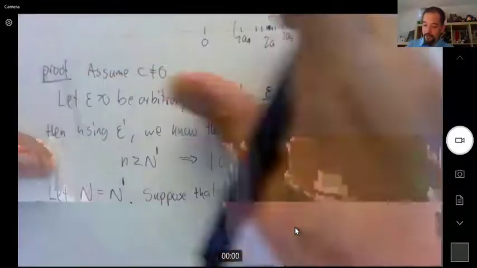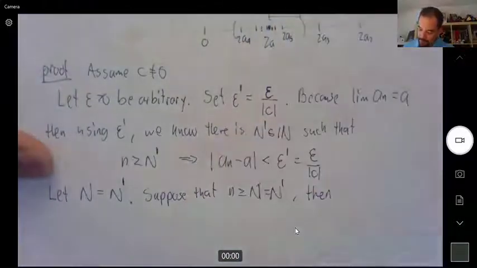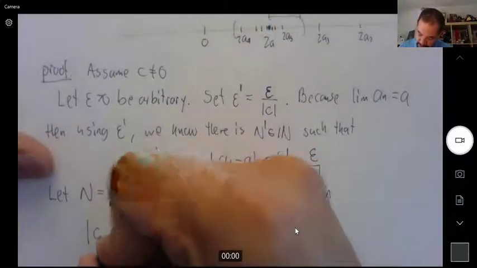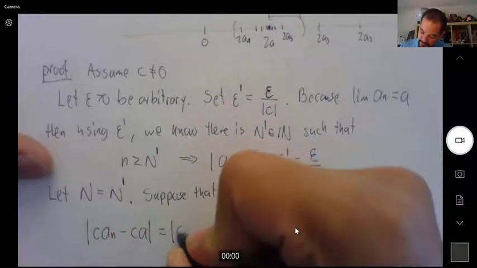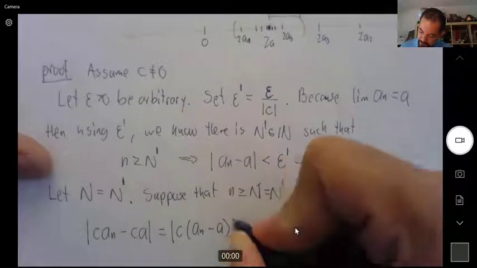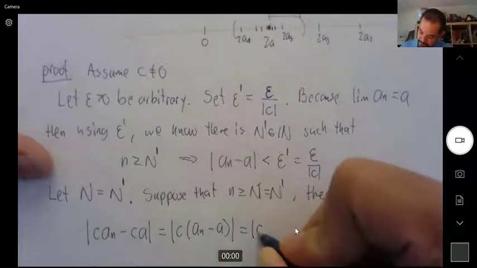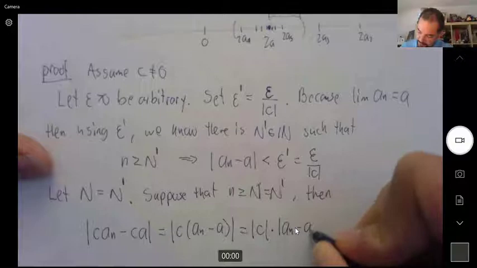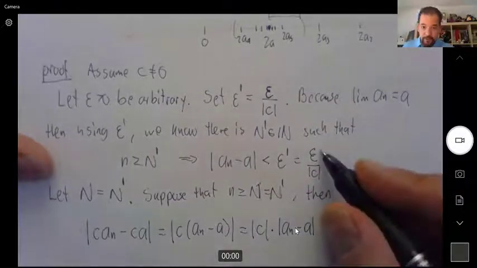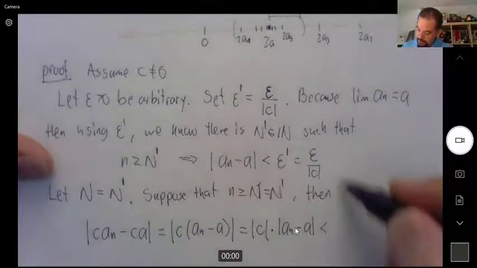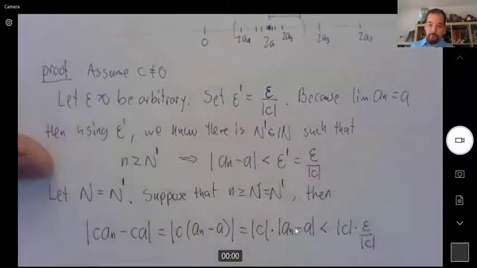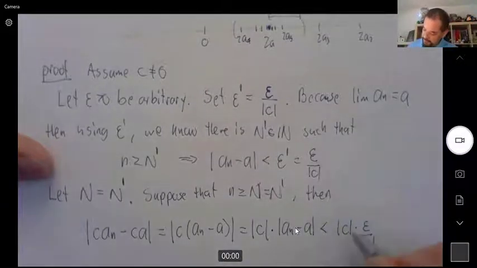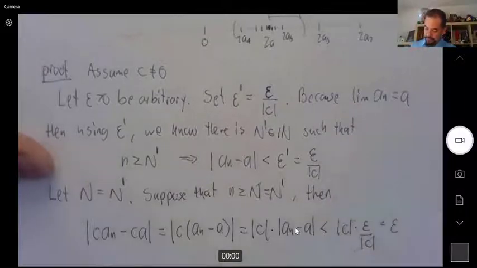We're going to write down our first line from the discovery, which is, then this happens. |C a_n - C A| is the same as |C| times |a_n - A|, which now we're going to use our inequality, which is less than |C| times epsilon over the absolute value of C. These go away, and we get just epsilon.